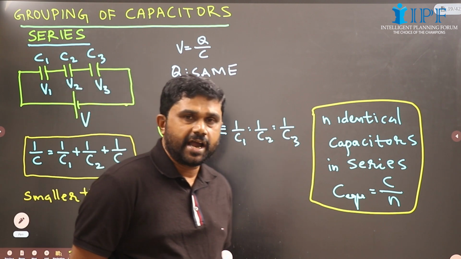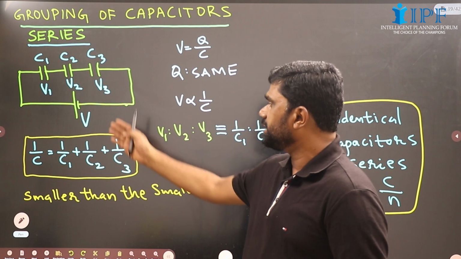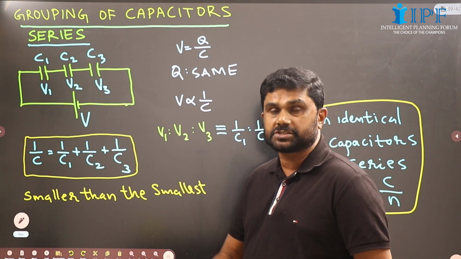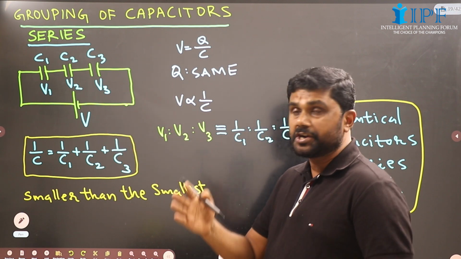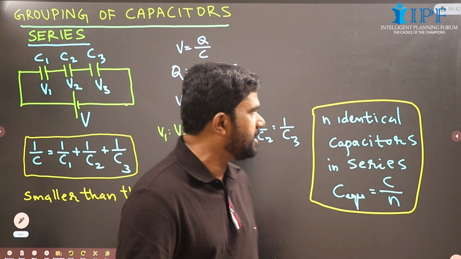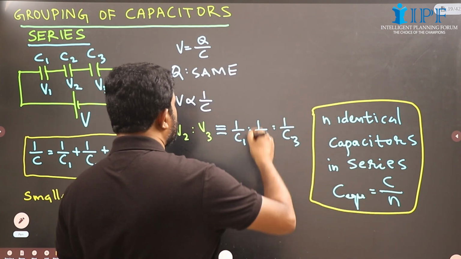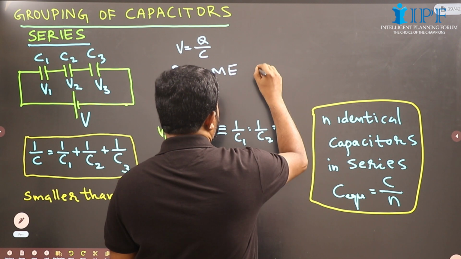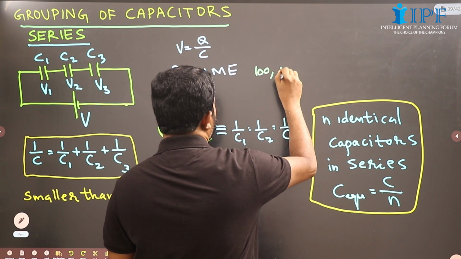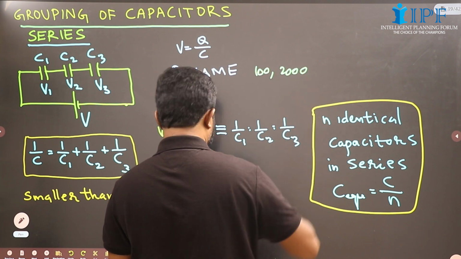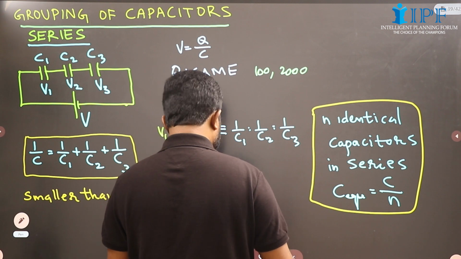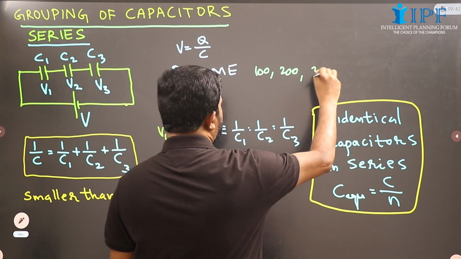Suppose for example, suppose we have connected a 220 volt supply across three capacitors, say 100 microfarad, 200 microfarad and 300 microfarad.